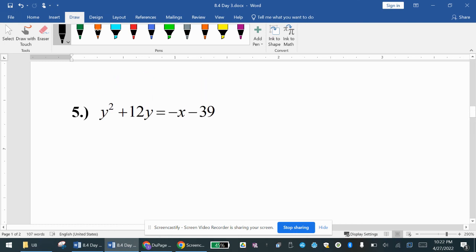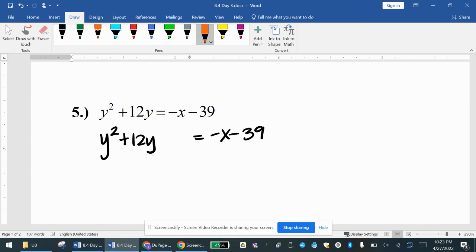Okay, so this one, they already have the linear term of x with a constant on one side, and then we have the quadratic. So the quadratic, I'm going to need to complete the square for. Half of positive 12 is 6, and then 6 times 6 is 36.